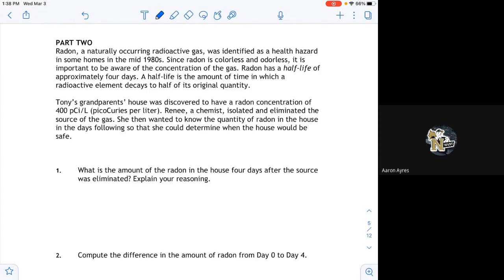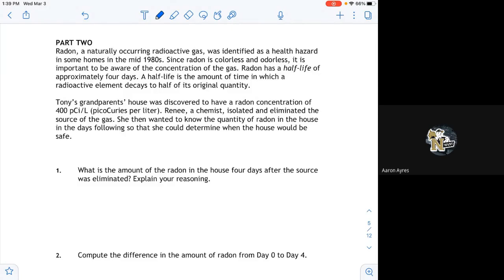How much radon would be left after 4 days? Half of it, which is 200. Exactly right. Okay, everybody okay with that?